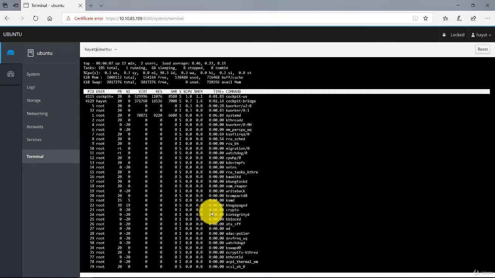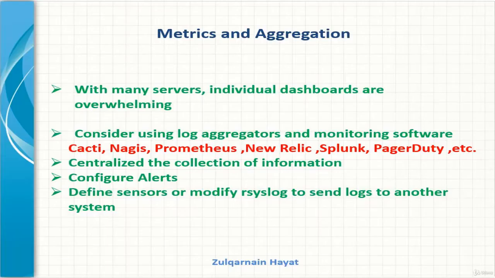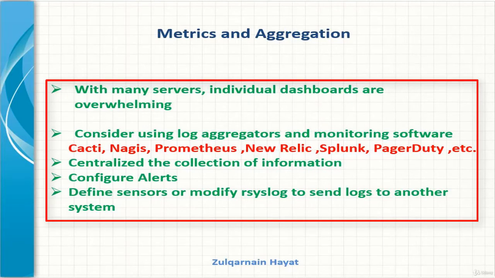Cockpit and solutions like it provide an easily accessible way of interacting with your server. In a larger installation, even individual graphical dashboards for each server become very unwieldy. Many organizations use log aggregator and monitoring software that runs on one central server to keep track of ongoing activities on the services.